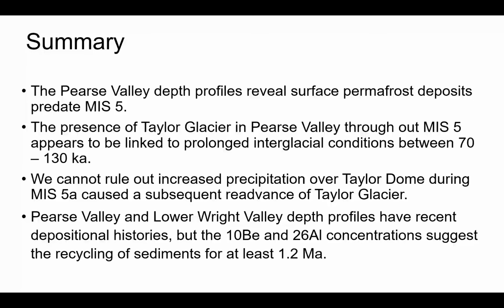During MIS5, we can't rule out that increased precipitation over Taylor Dome during MIS5A caused a subsequent re-advance of Taylor Glacier, and that these depth profiles have a recent depositional history, but the beryllium and aluminium concentrations suggest the sediments have been recycled for at least 1.2 million years.